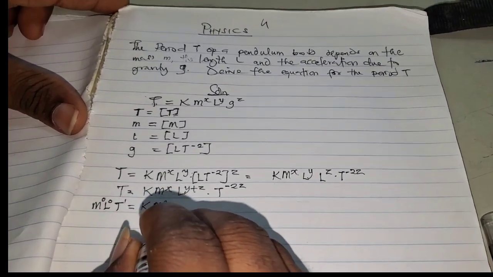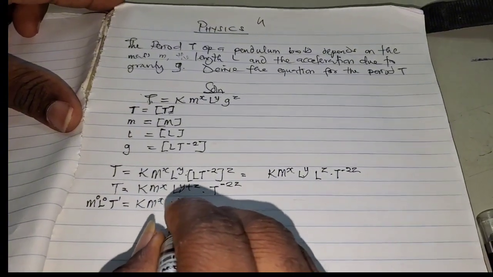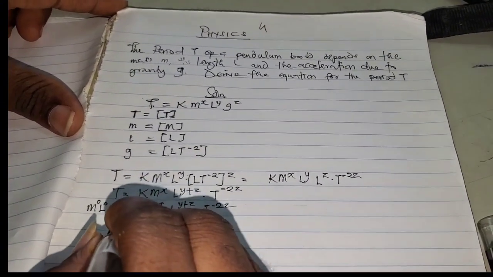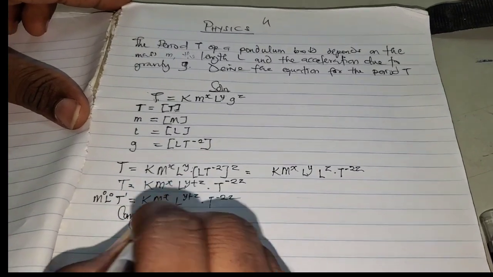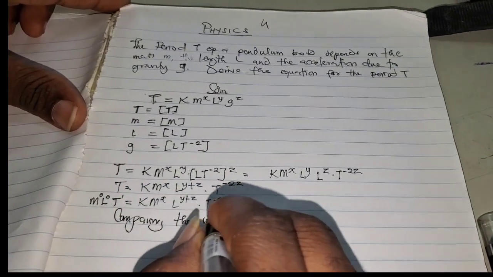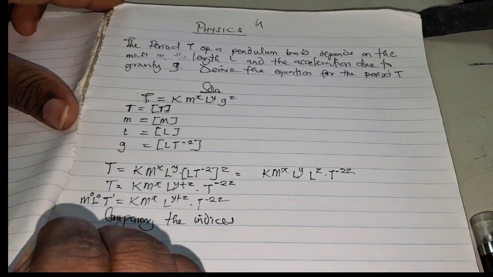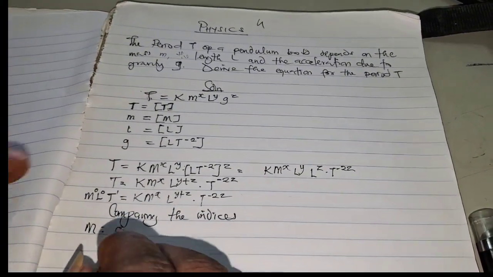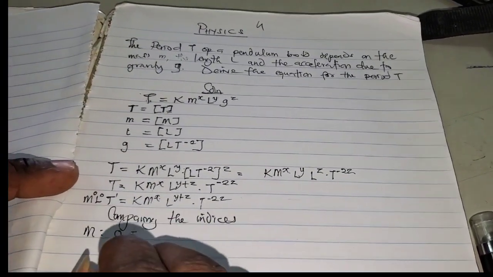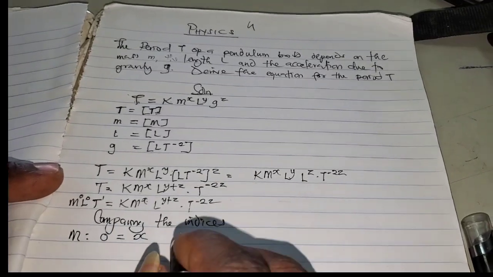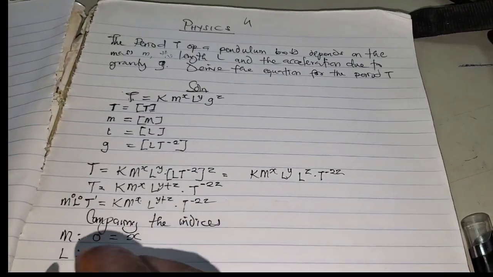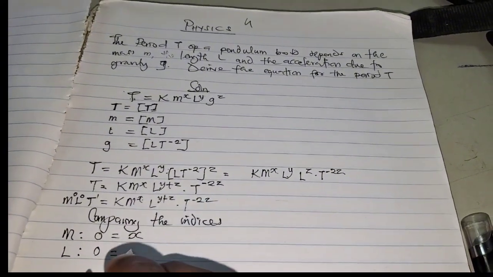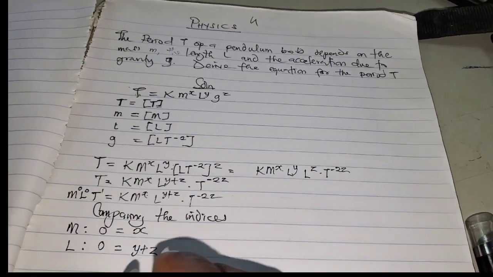Then we do comparing of coefficients, or comparing the indices. For M, at the left hand side we have 0, at the right hand side we have x. For L, at the left hand side we have 0, at the right hand side we have y plus z.